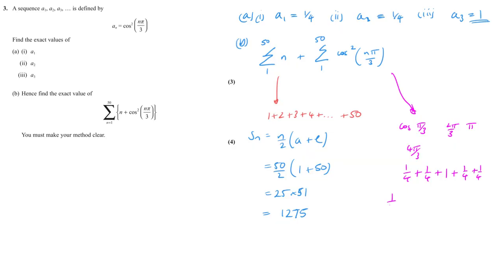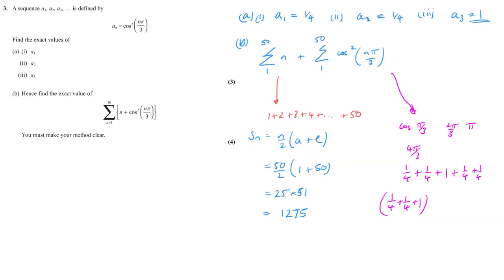So this pattern of a quarter, a quarter, and 1, 3 goes into 50 16 times, 16 point something. So that's 16 times 3, 48 terms.